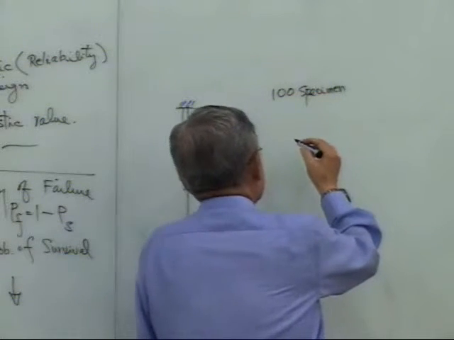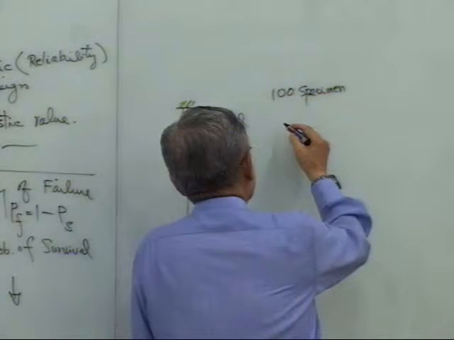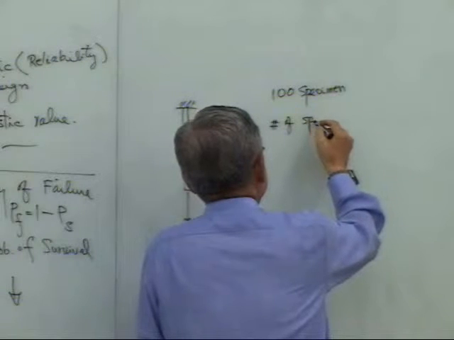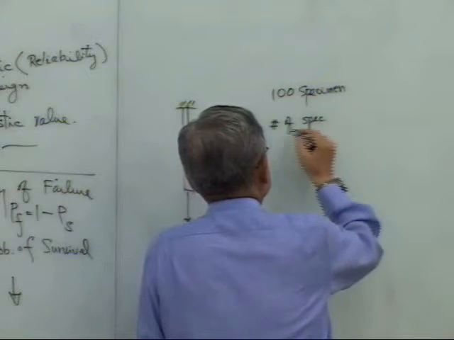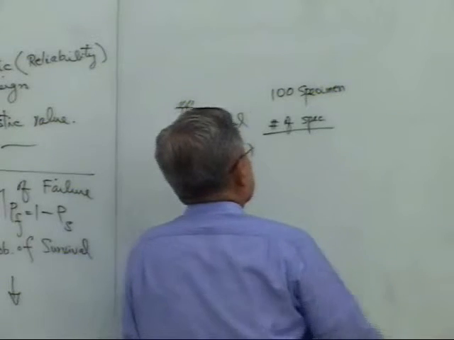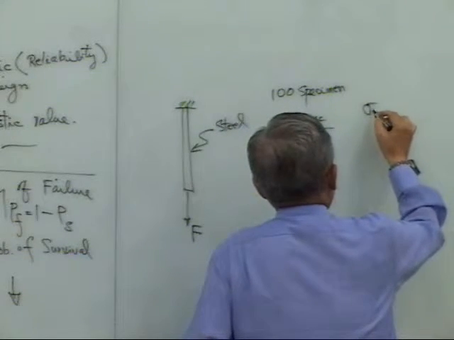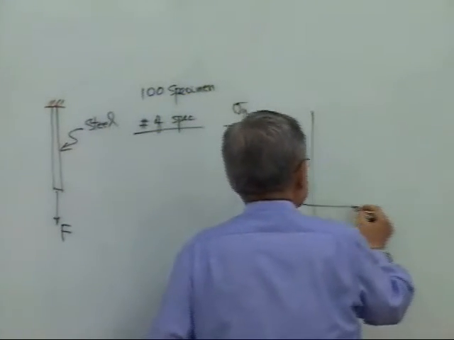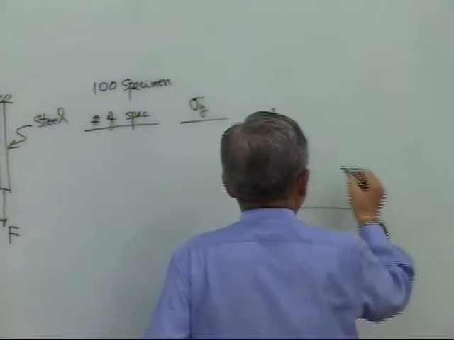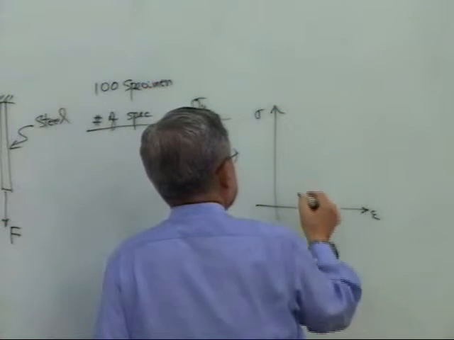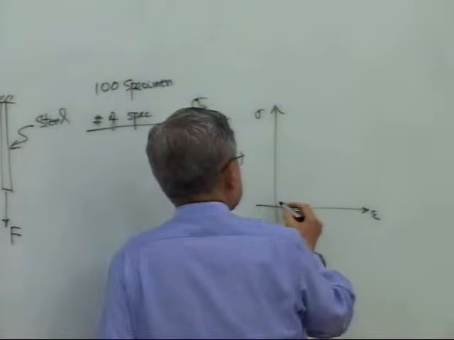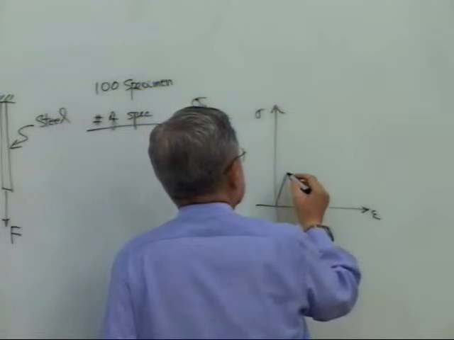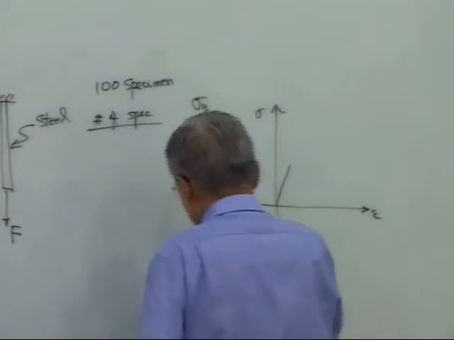Then you can list out a table saying the number of specimens, and here is yield stress. If I simply draw, this is epsilon and sigma. Then you have a pull test. If you pull it for steel, not aluminum, steel goes up, right?